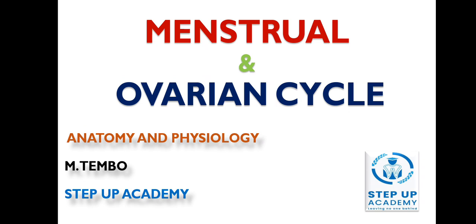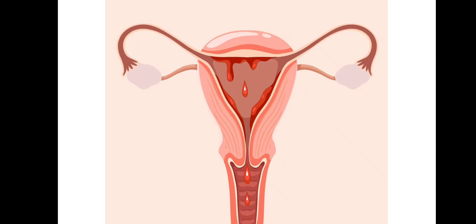So let's begin. You can see I'm showing you this picture. I'm sure some of you have already started to think about what is going on here. Before we talk about the menstrual and ovarian cycle, we must first review the female reproductive system, because it is in this system that these cycles take place. We can't skip that. This is the internal female genitalia. We have the ovaries, the fallopian tubes, the uterus and the vagina.